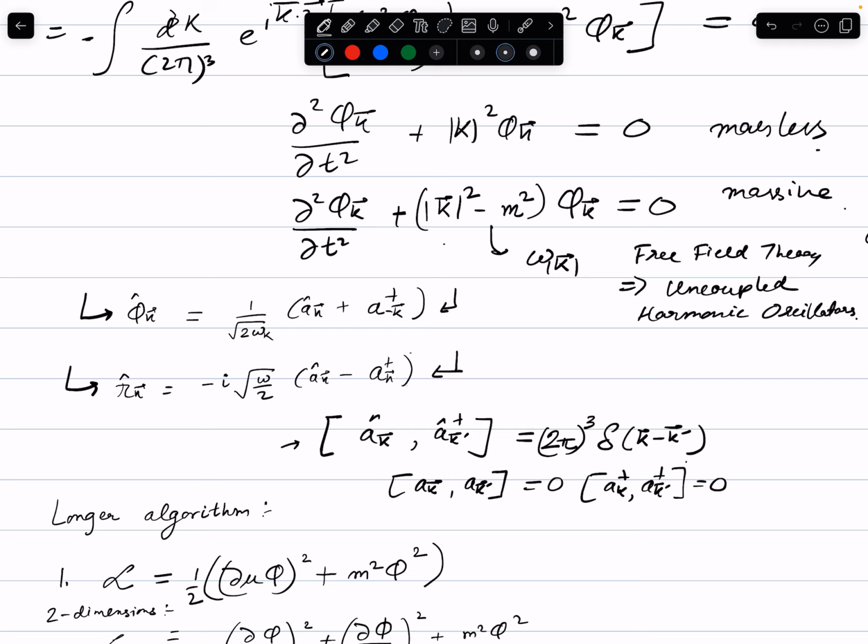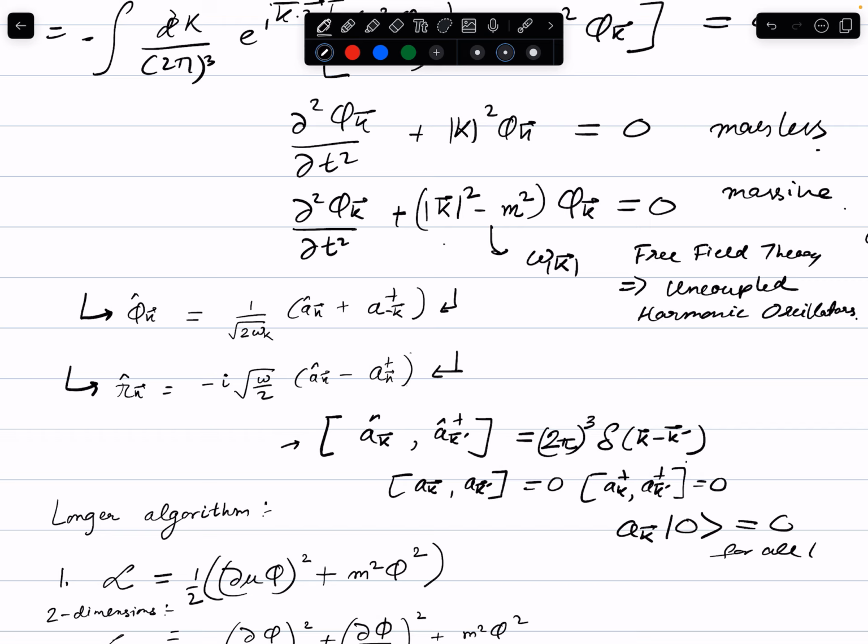Okay, so you see how this defines a quantum theory, right? Because now I have these operators. This system is just a system of infinite harmonic oscillators, and we know how to define the vacuum for such a system. That is the state where all the k, this is 0 for all k.